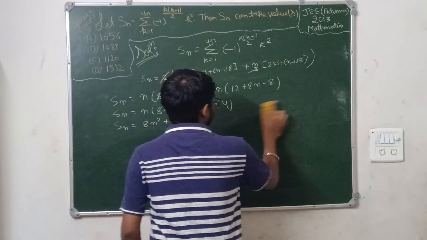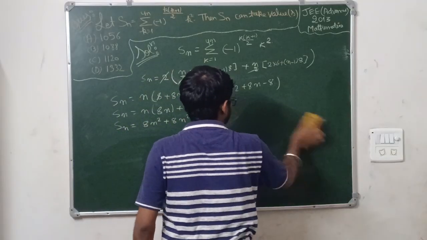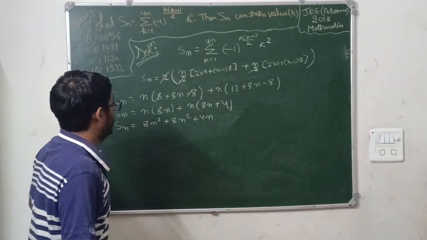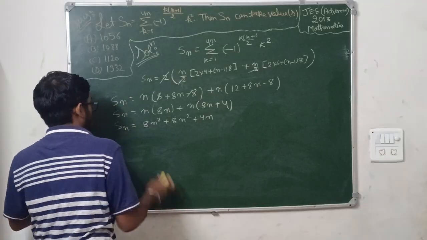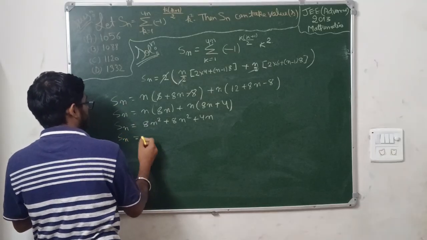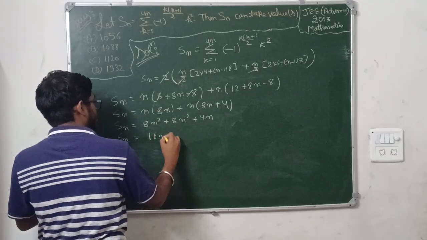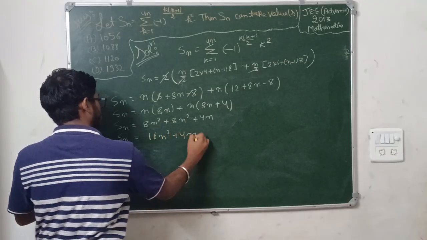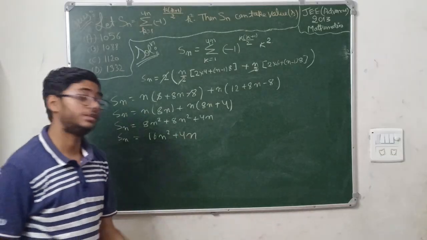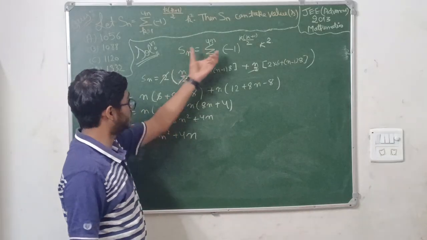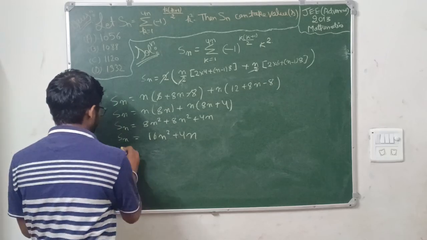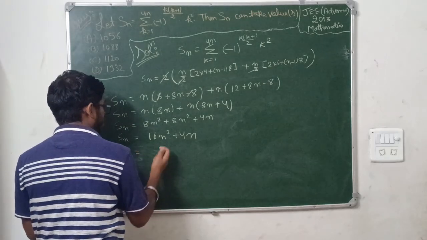Now just simplify it and your answer is here. See, Sn will be what? 8 plus 8 is 16. 16n square plus 4n. This is the final Sn, means general term for this series. Now you can simplify it more for your answer.